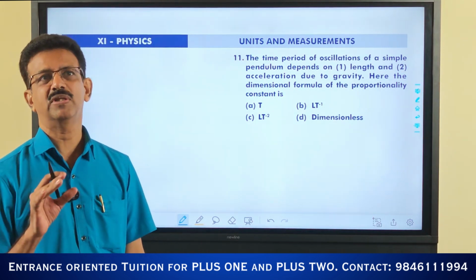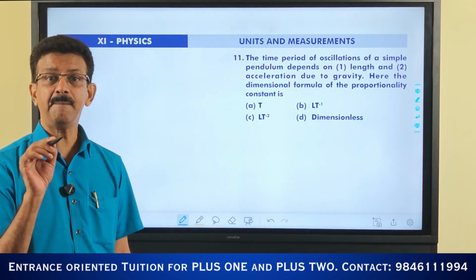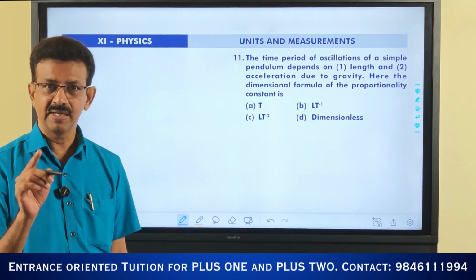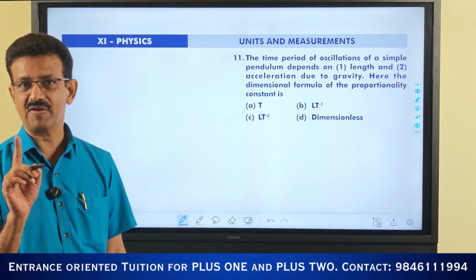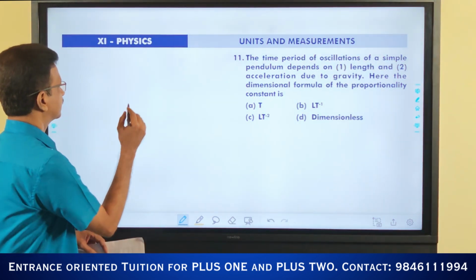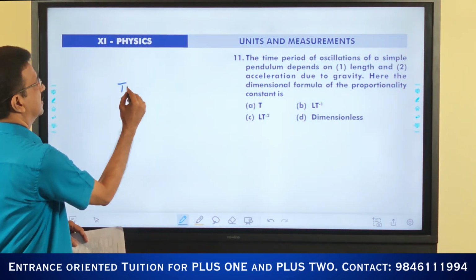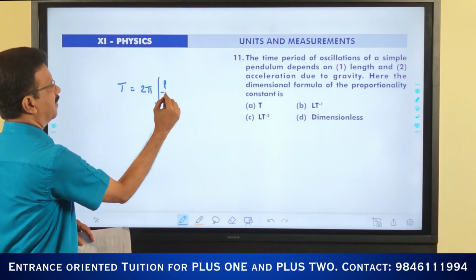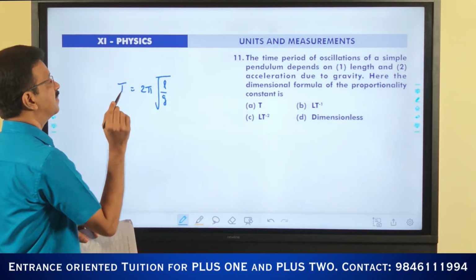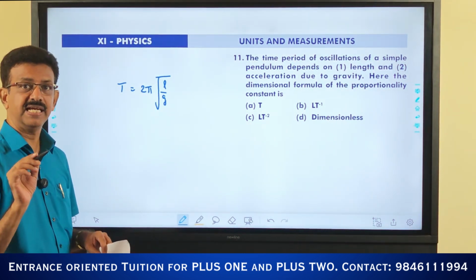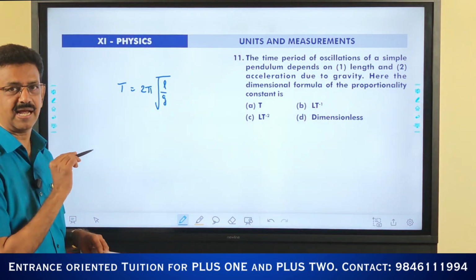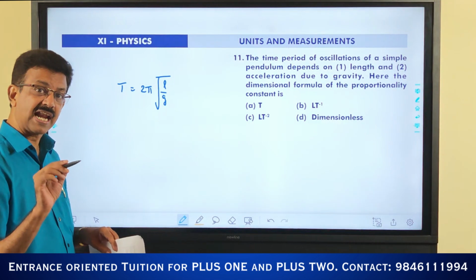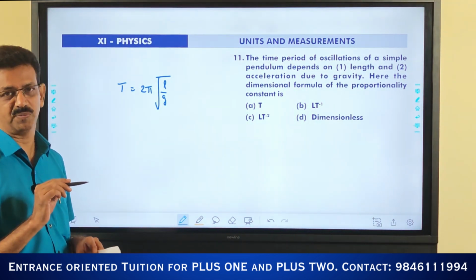Next question is about the simple pendulum. The time period of oscillation of a simple pendulum is T equals 2 pi root of L by G. L is the length of the pendulum. G, acceleration due to gravity. Capital T, time period. This formula can be derived by dimensional method also.